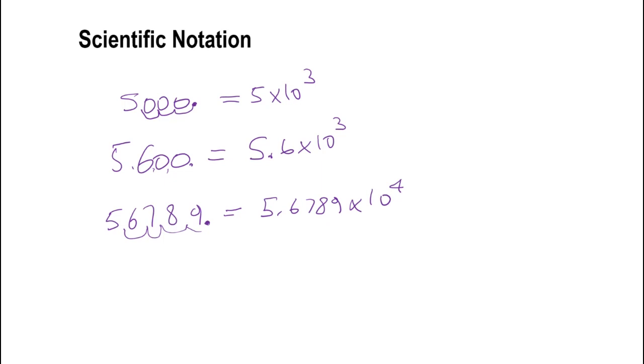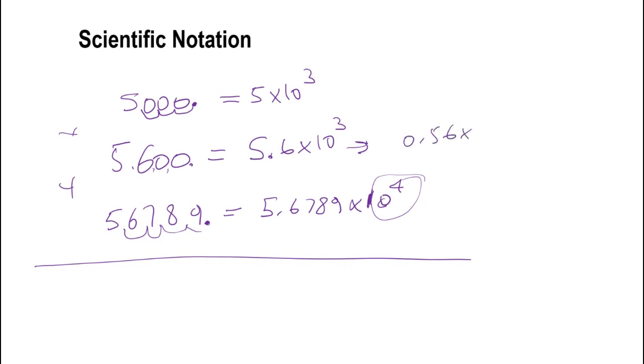Let's say if I want to add all these numbers together, what I do mathematically, I look to the power. The maximum power here I have is 4, 10 to 4. That means I need to bring this one to 10 to 4. It means in this case, if I move the decimal point one more to my left, it will be 0.56 times 10 to 4. The same thing here.